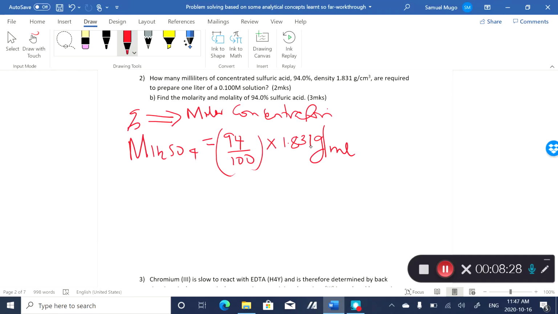And then you're going to see that you need, of course, to convert these mils into liters, and so I need to multiply that by 1,000, so that I can convert that into liters. And I need to divide everything by the molar mass, and the molar mass is 98.08 grams per mole.